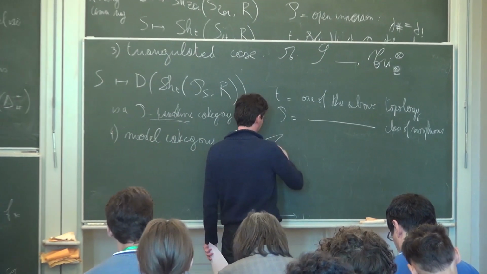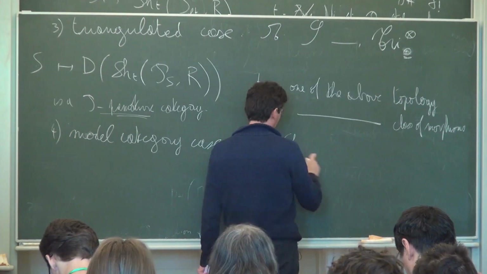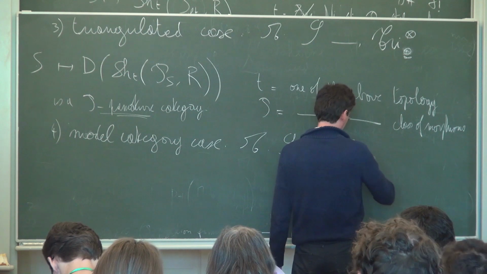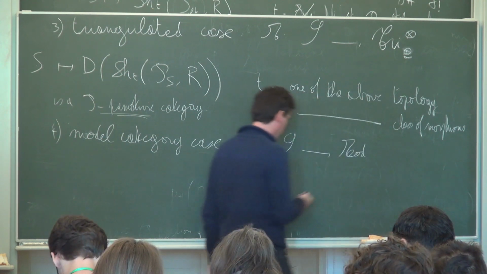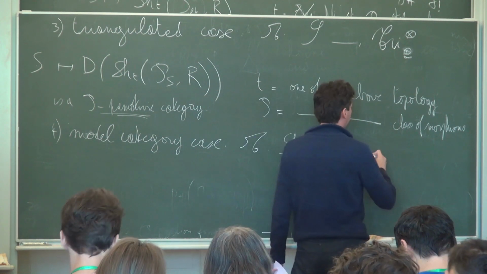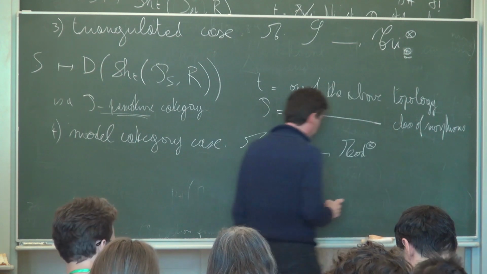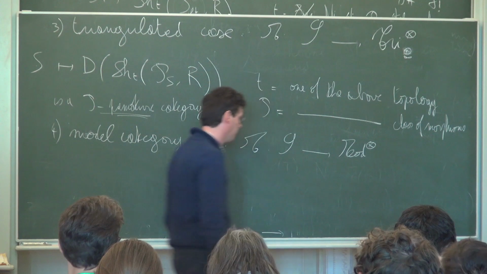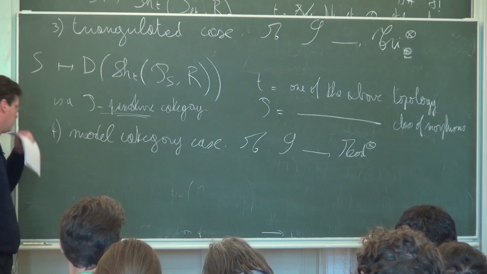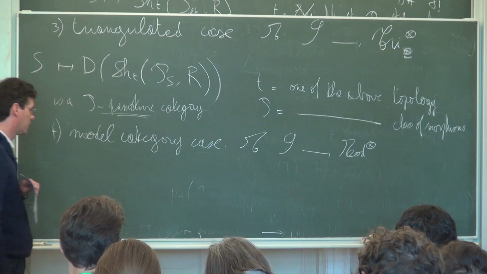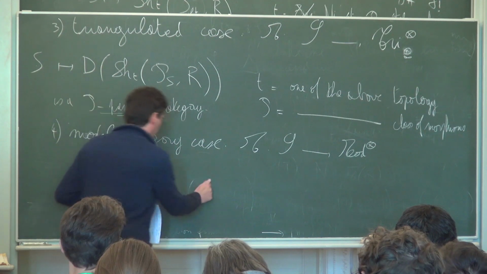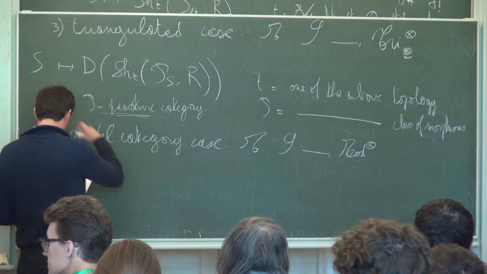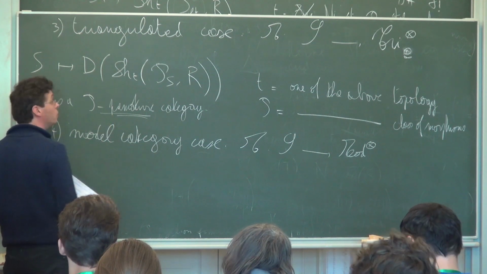This time again, the functor M will go from S to the category of monoidal model categories, not just bare model categories, which admit all colimits and limits in my sense.